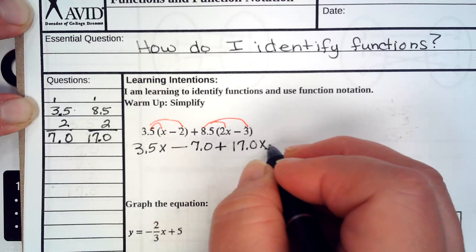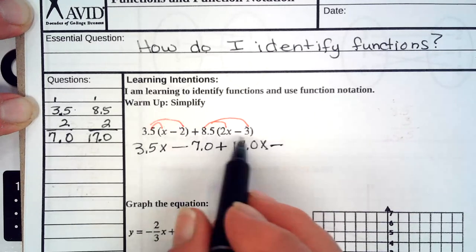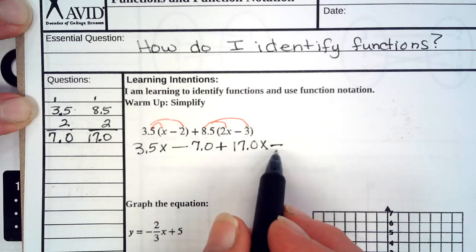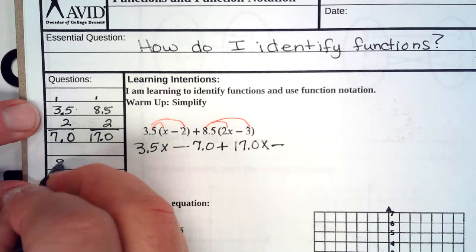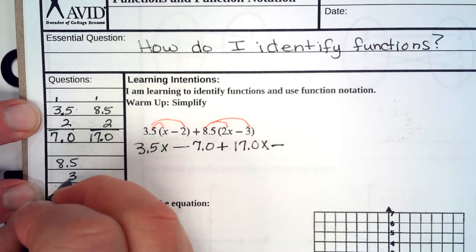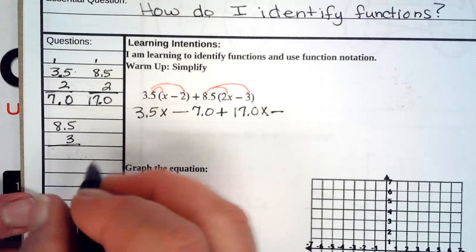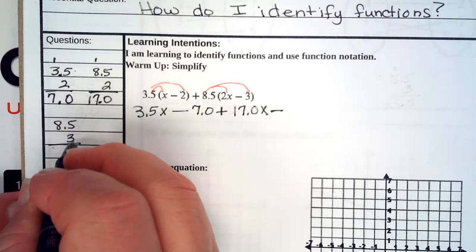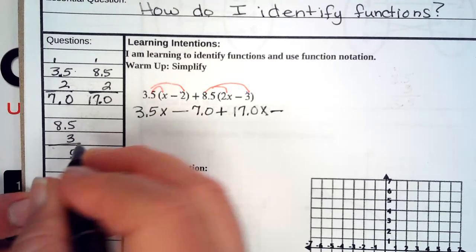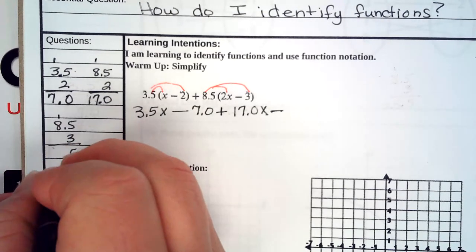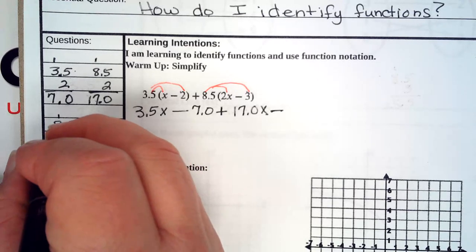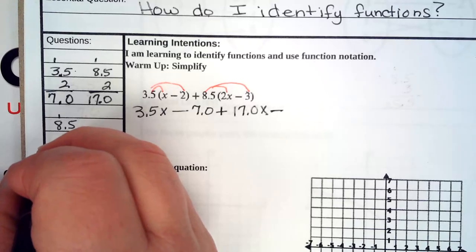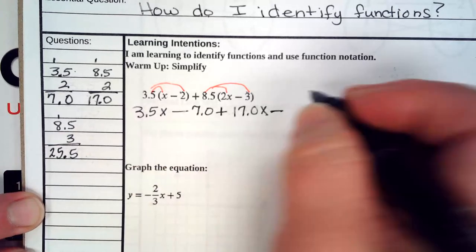And now, 8.5 times negative 3 is going to give me a negative number, so I'll put the negative down. 8.5 times 3, 3 times 5 is 15, carry the 1, bring the 5 down. Bring your decimal down. 3 times 8 is 24, plus 1 more is 25.